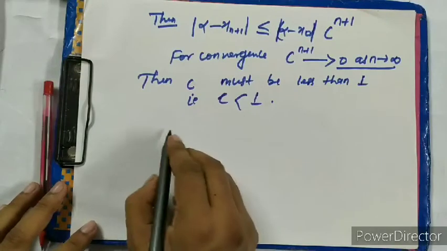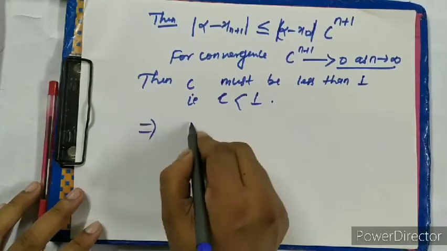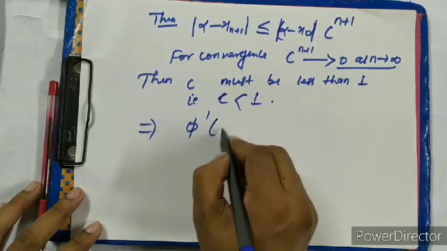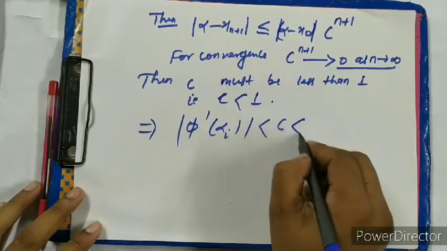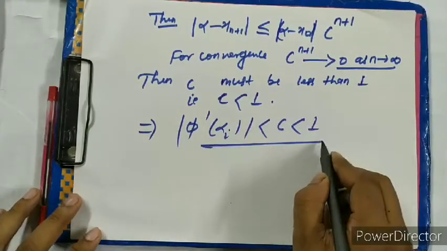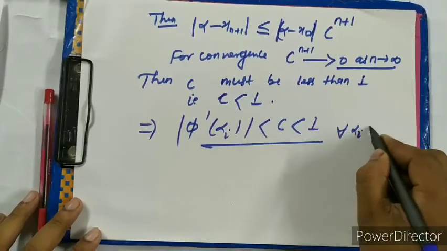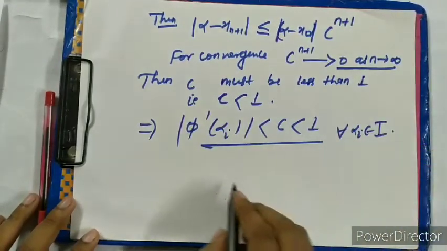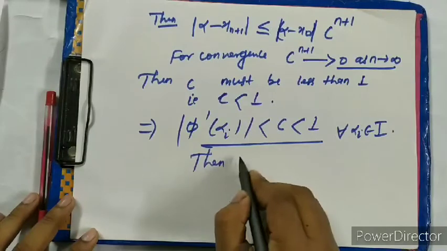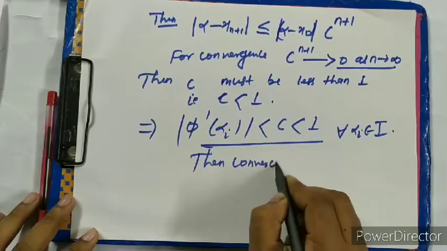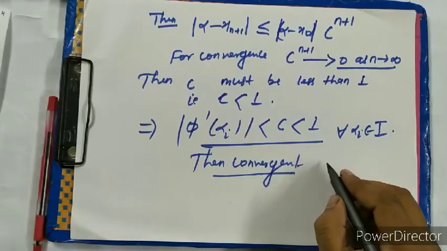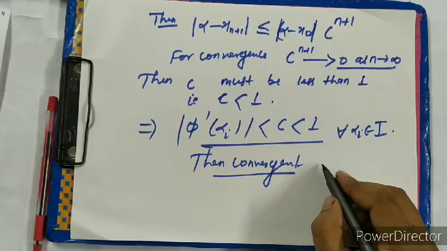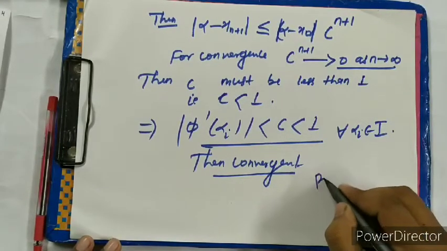That implies phi dash of alpha i is less than c less than 1 for all alpha i belonging to the interval, then convergent. Is it clear? That is the proof of the convergence condition.